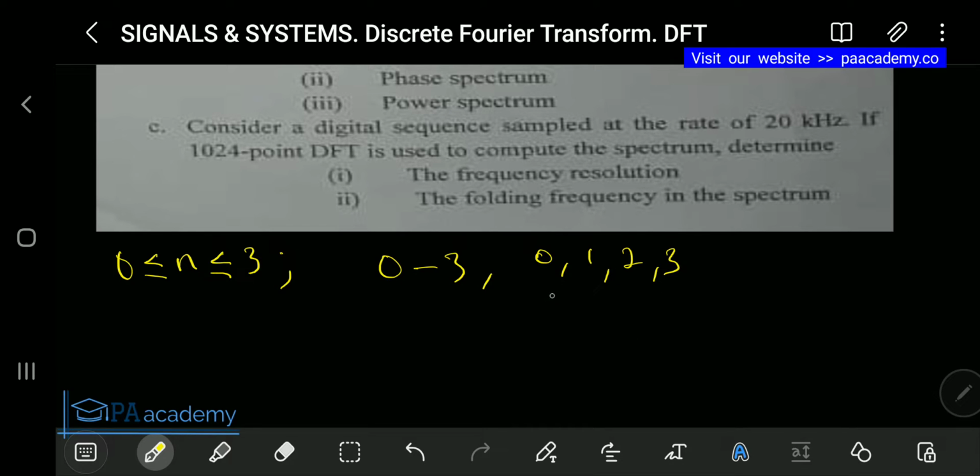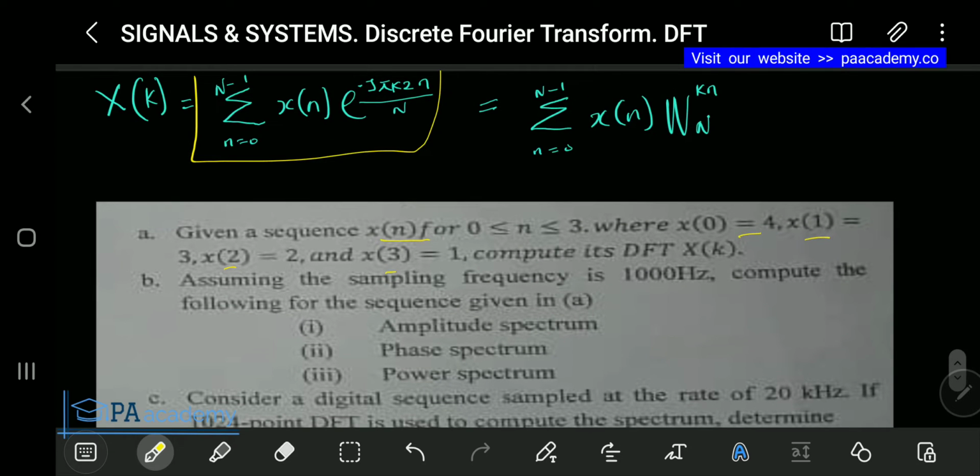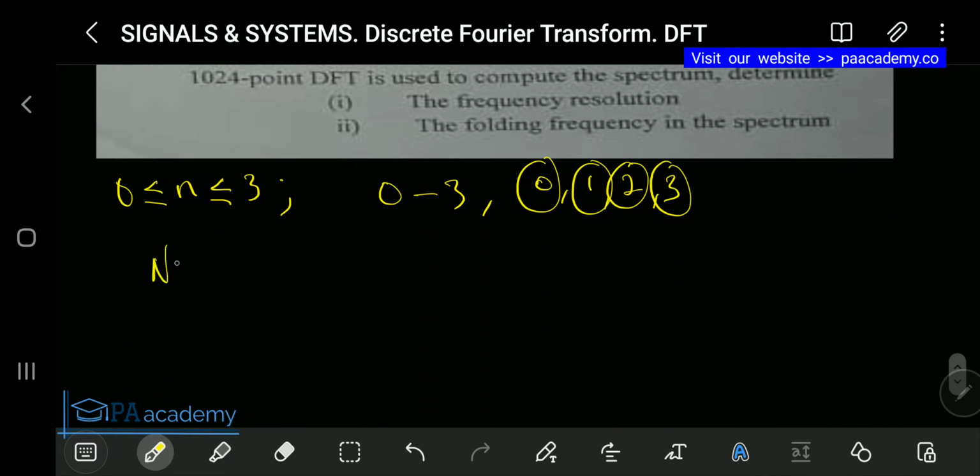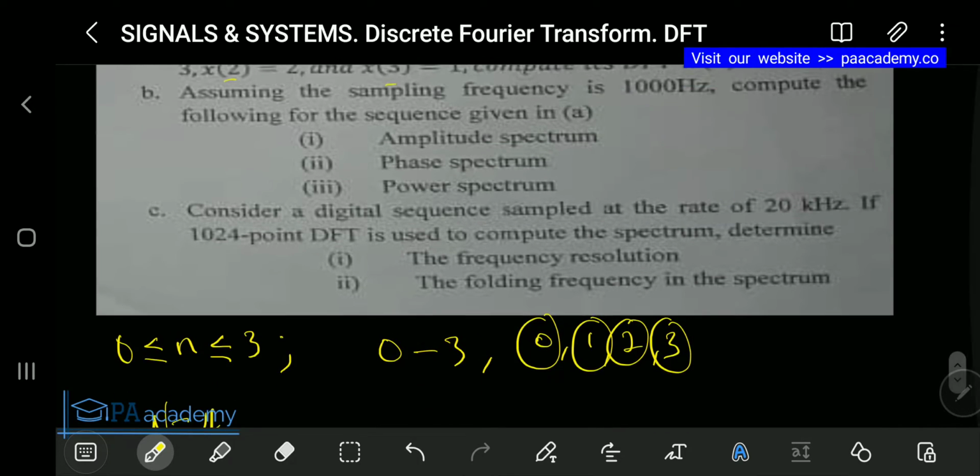That is 1, 2, 3, 4. So that means our capital N is 4.